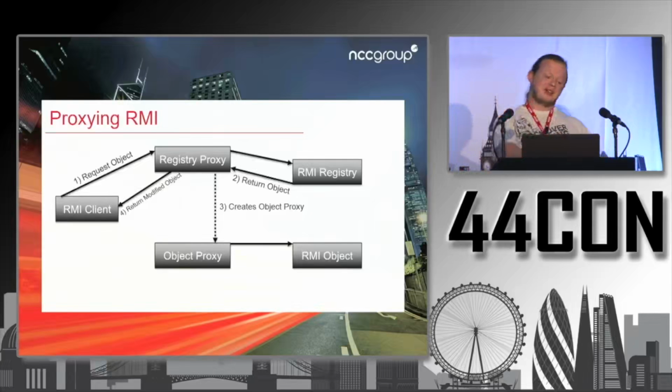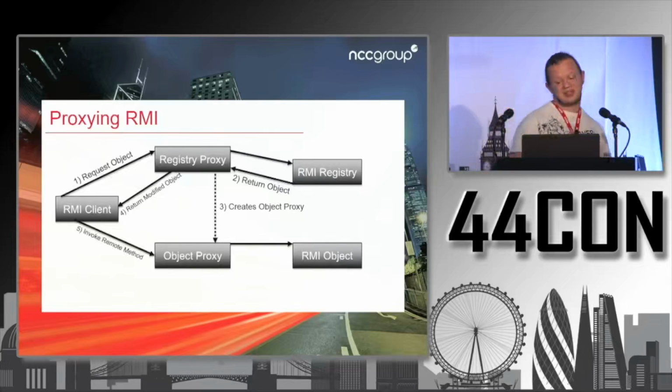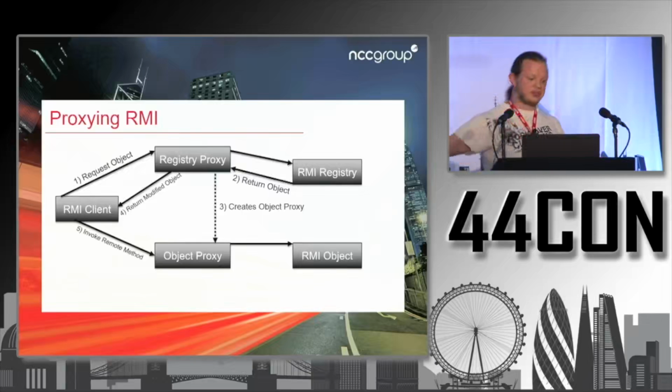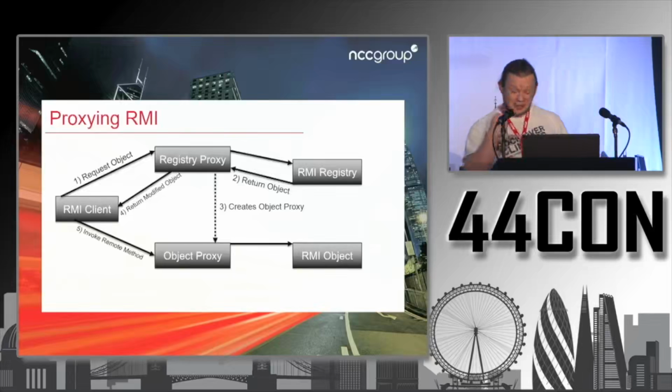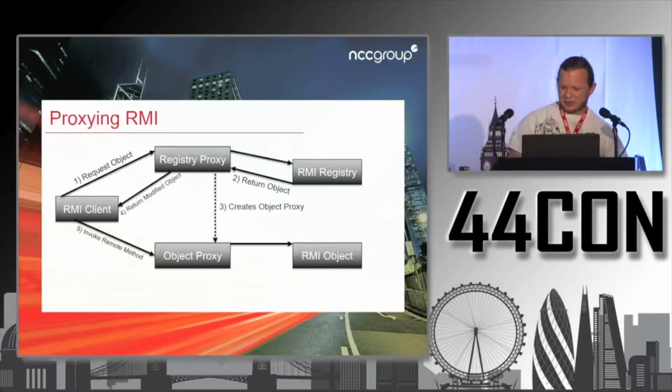When the RMI client then invokes a remote method, that hits the object proxy, which forwards the data on to the RMI object, and we're in the middle of the connection. That is far easier to explain than actually doing it, but that was what I was working on.